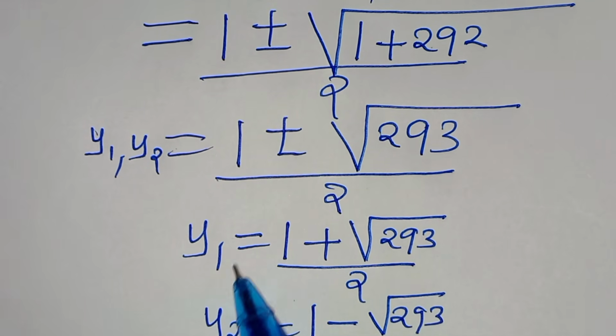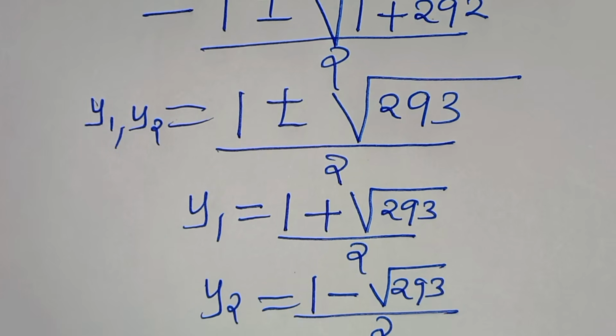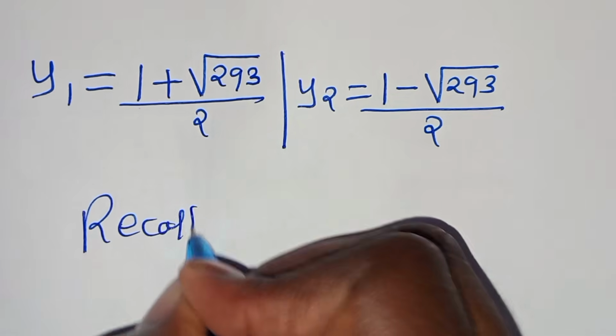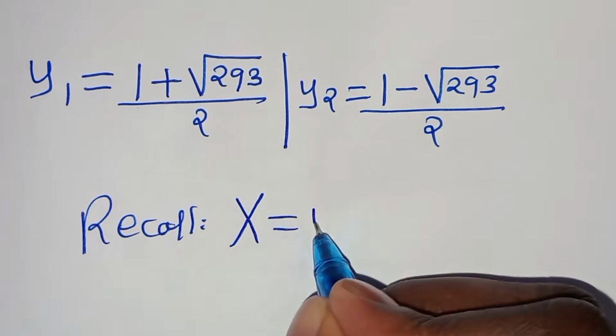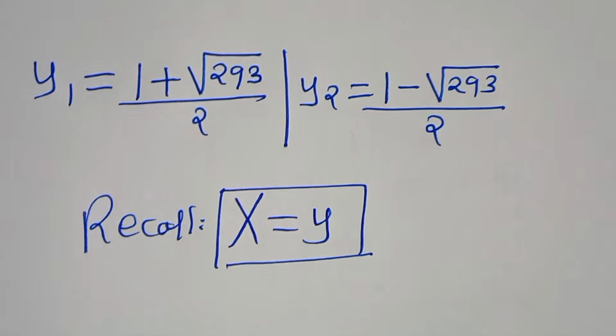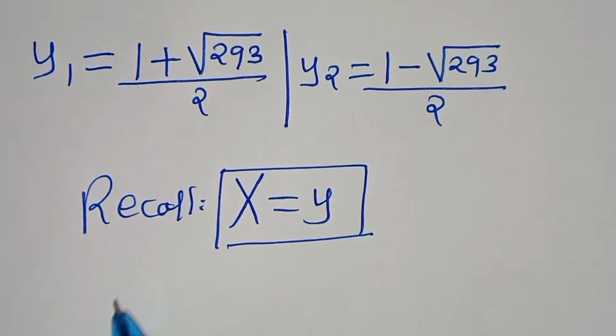So let's solve for the corresponding values of x1 and x2 as follows. Now, if you recall from equation 3, we have that x is equal to y. So this means that y1 from here is the same thing as x1.